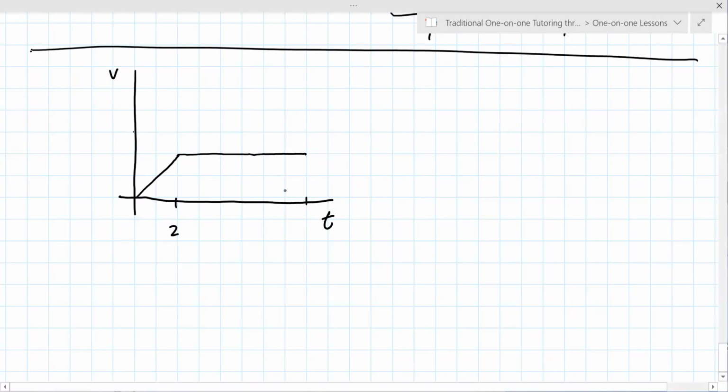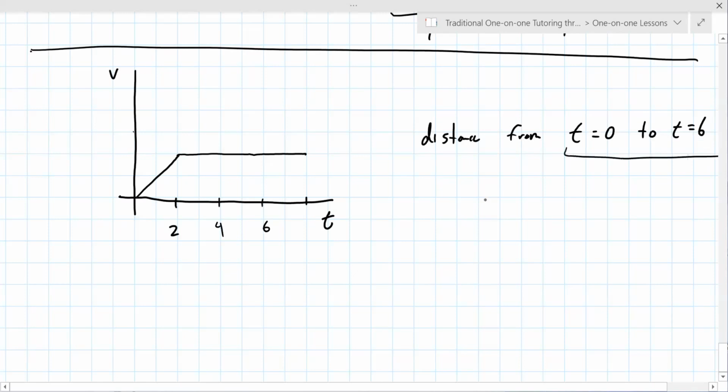Okay, so let's say I wanted you to find the distance from t equals 0 to t equals 6. Here's what I'm actually asking for: the area under the curve from 0 to 6.